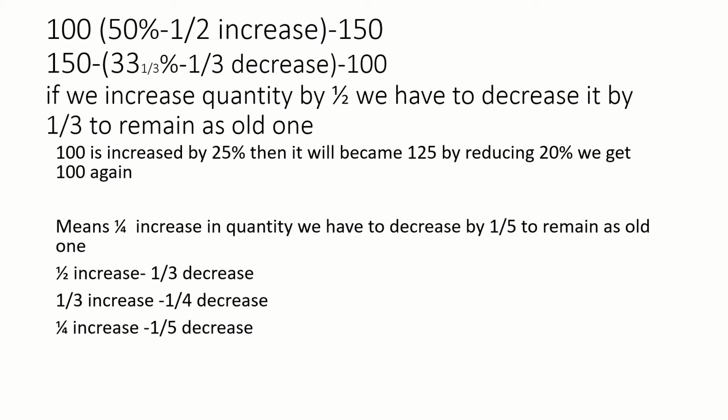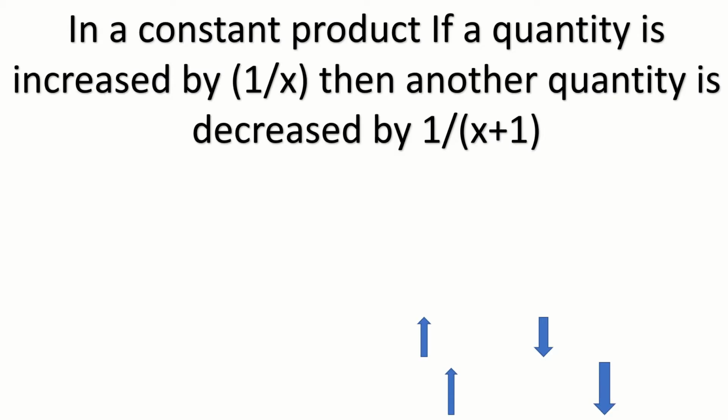So we can say the statement like this: 1 by x increase becomes 1 by x plus 1 decrease. If a quantity is increased by 1 by x, to keep the thing the same, another quantity must be decreased by 1 by x plus 1.